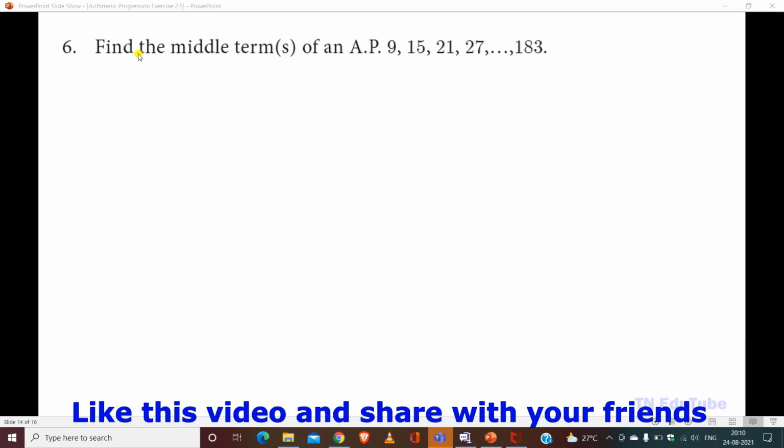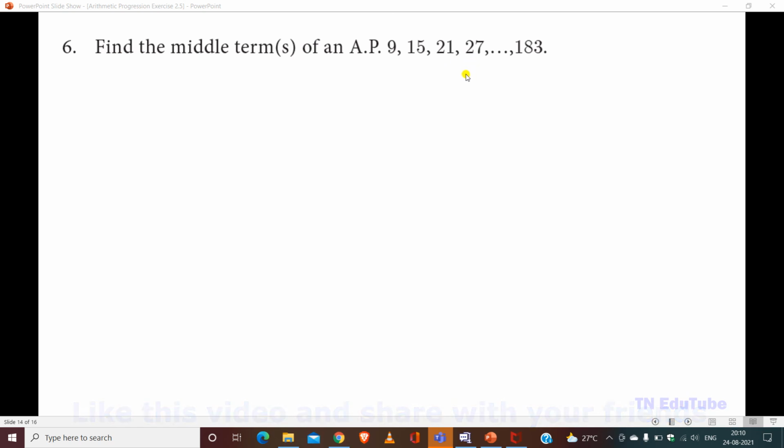Then find the middle terms of an AP: 9, 15, 21, 27, etc., 183. Middle term means first you have to find out n, the number of terms. Then only we can find the middle one.